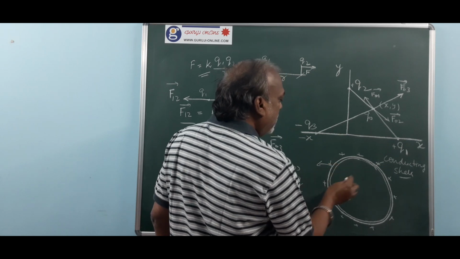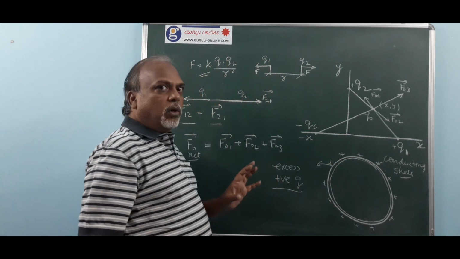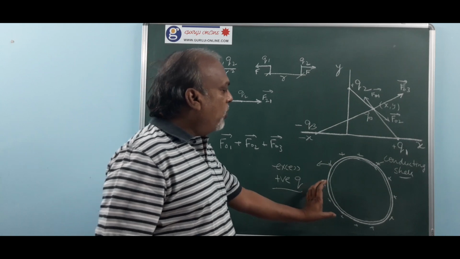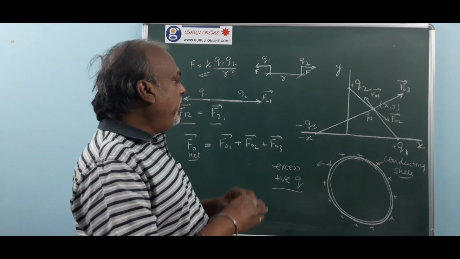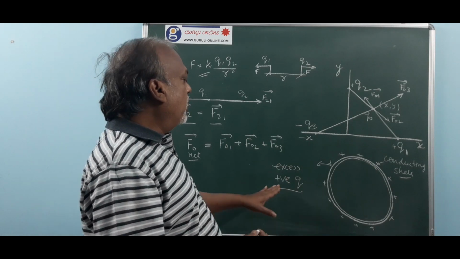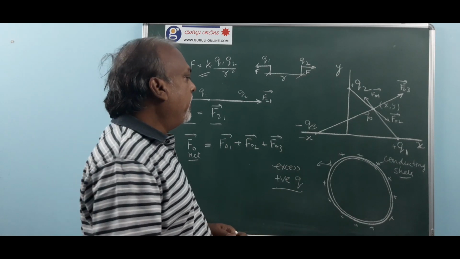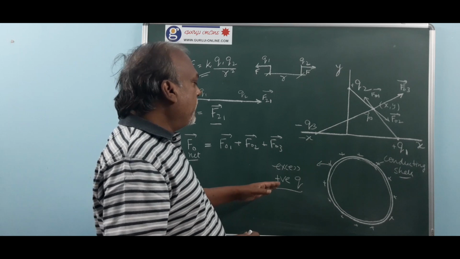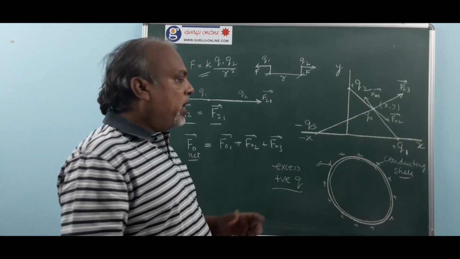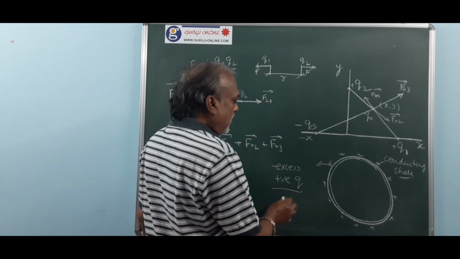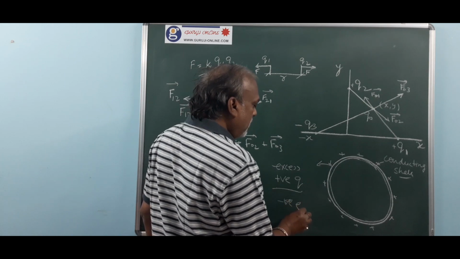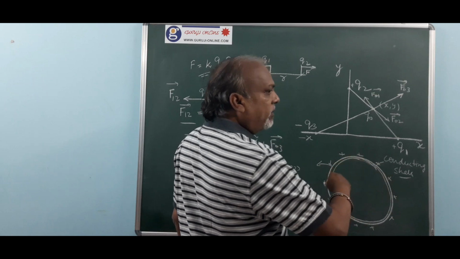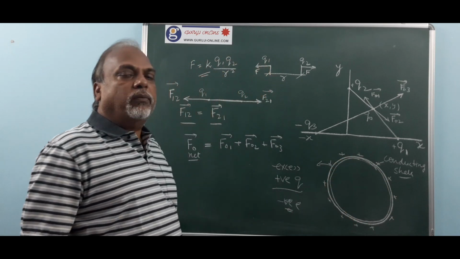This excess charge will not be concentrated on any one point or any one region. It will be distributed uniformly because of the repulsion. Like that, if you have negative charge, excess negative electrons will also distribute themselves on the surface.